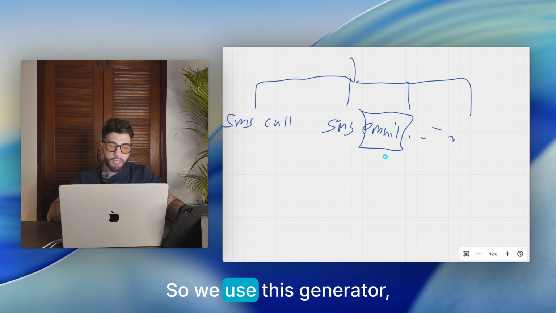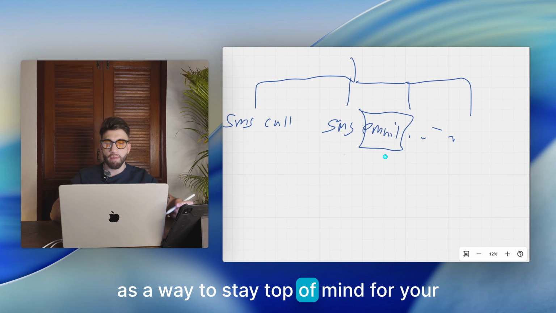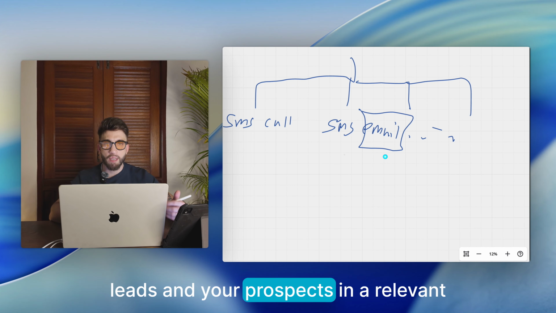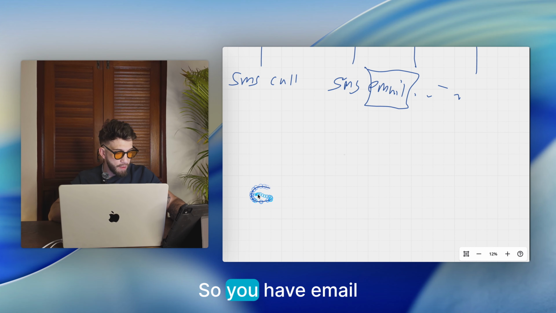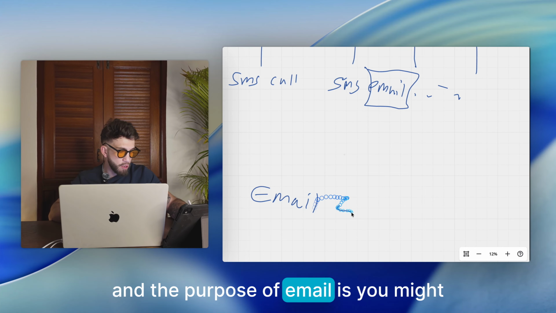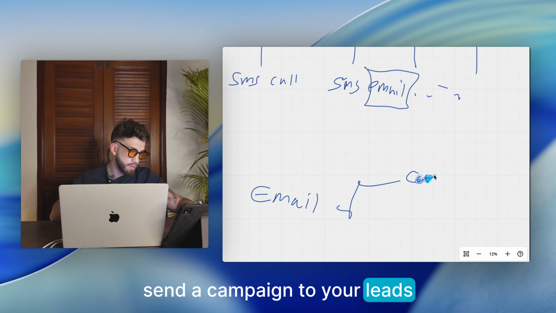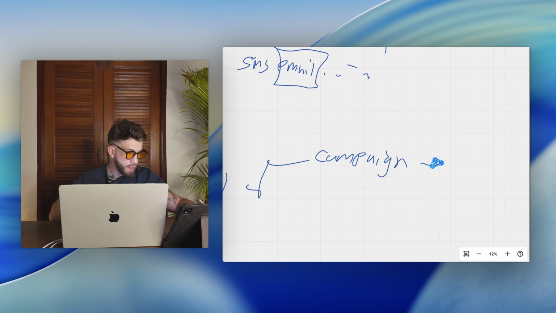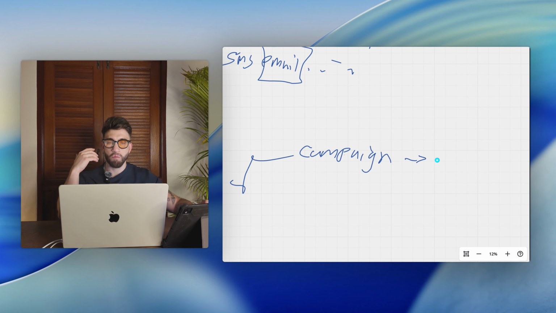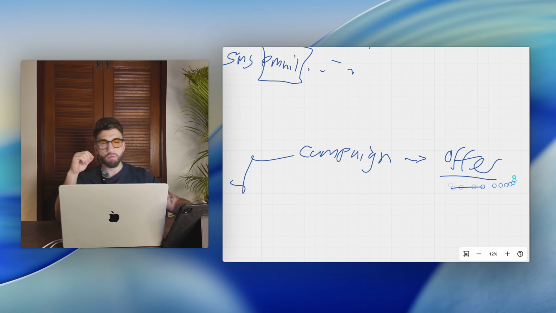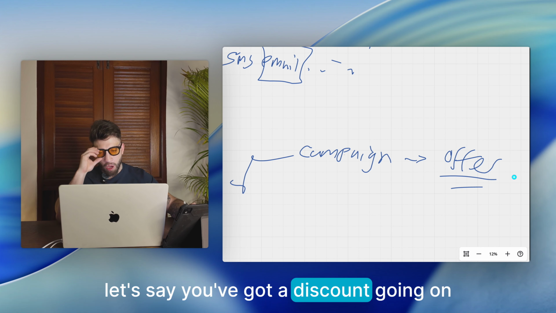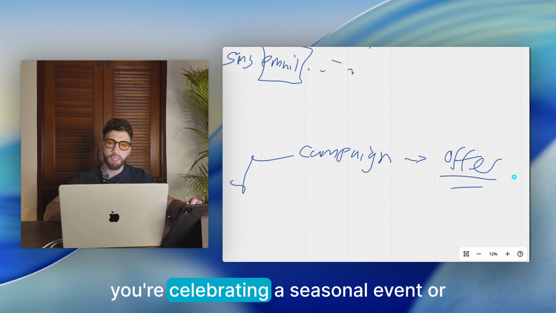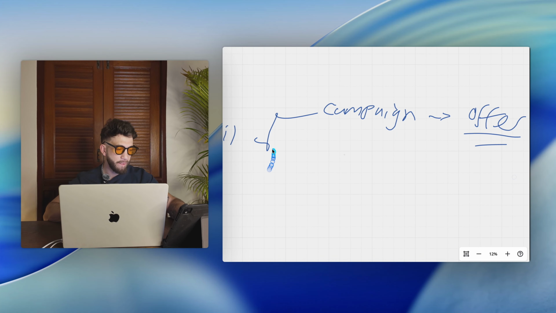So we use this generate as a way to stay top of mind for your leads and your prospects in a relevant way. So you have email, and the purpose of email is you might send a campaign to your leads, and that campaign can be sent when you have a specific offer. Let's say you've got a discount going on, or you're celebrating a seasonal event, or whatever it may be.